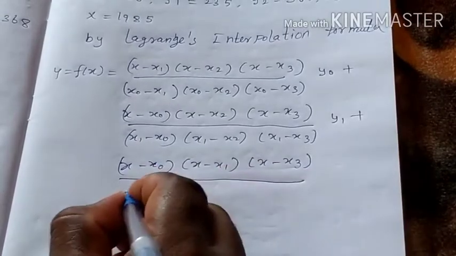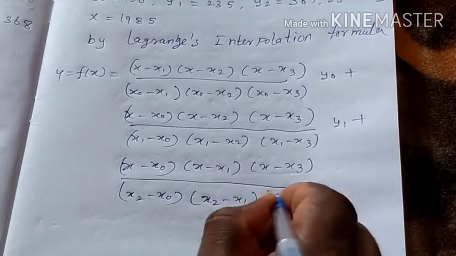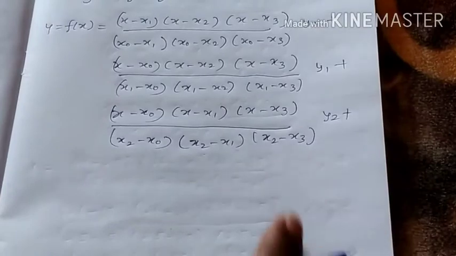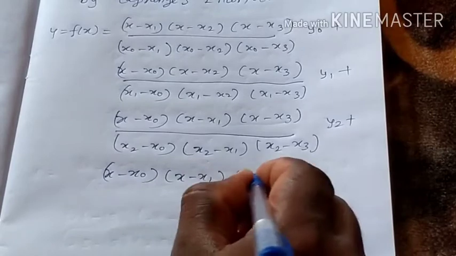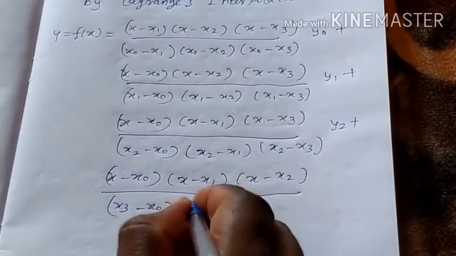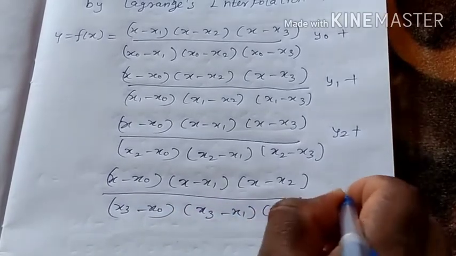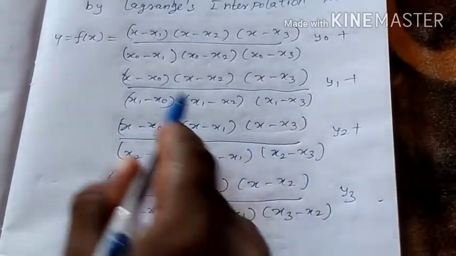The next is divided by (x2 minus x0)(x2 minus x1)(x2 minus x3) into y2, plus (x minus x0)(x minus x1)(x minus x2) divided by (x3 minus x0)(x3 minus x1)(x3 minus x2) into y3. That's all your formula. Now carefully substitute all the values.